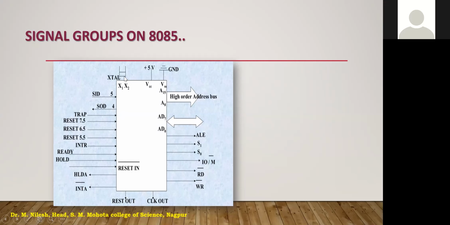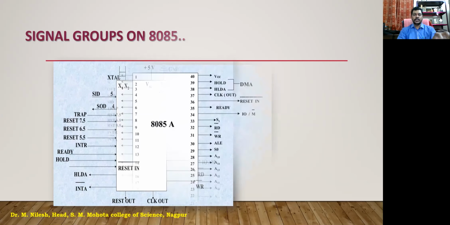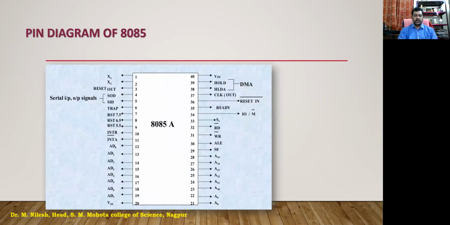These two, X1 and X2, are for the crystal. Then we have plus 5-volt supply and ground. So these are all about the pin configuration. The exact pin configuration we discussed in the last class is something like this. The pin configuration of 8085 consists of 40 pins.